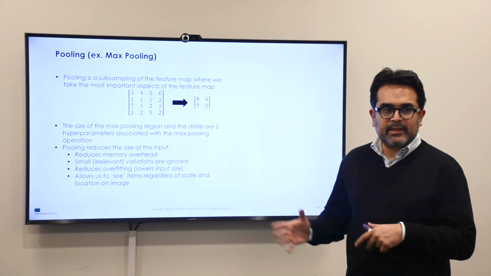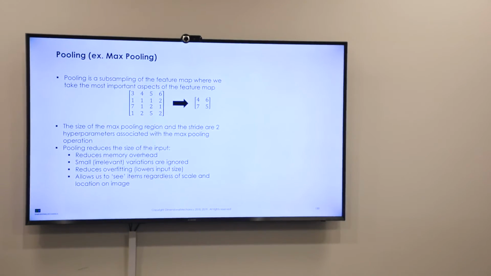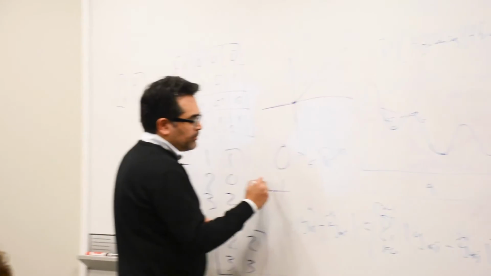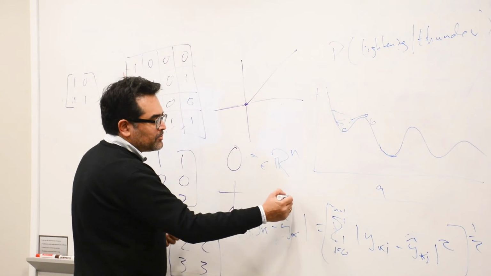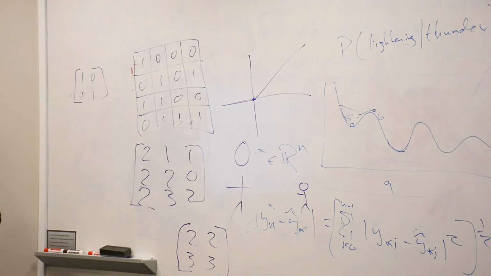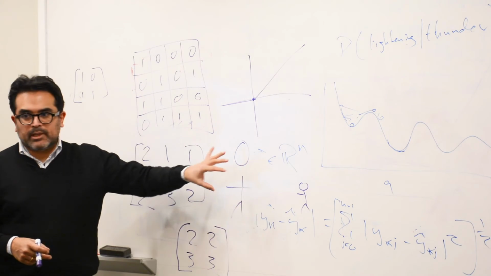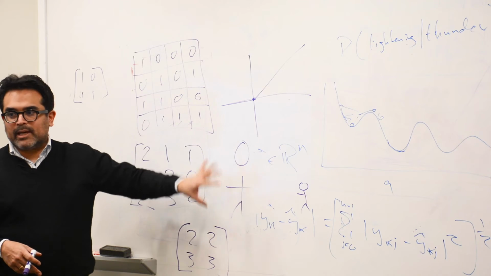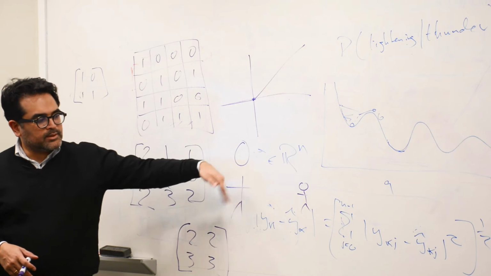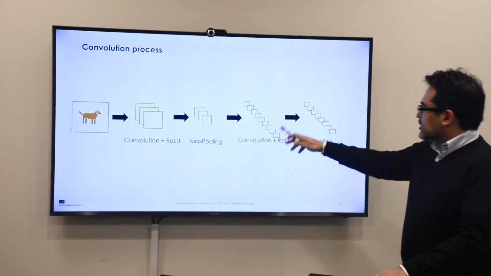If there's a scaling element to it, an example would be a human who is close by and a human that's far away. With max pooling, you'll start to extract out the most important elements, and you'll see that both of them have a similar representation in some scale.